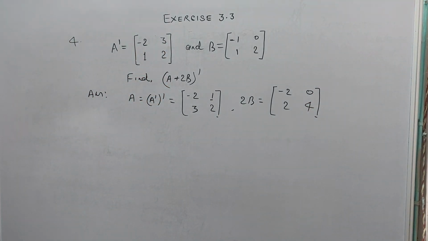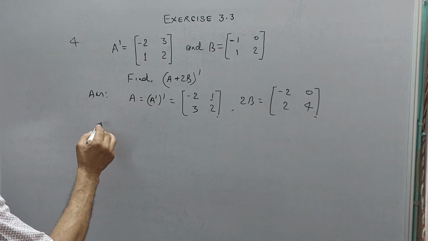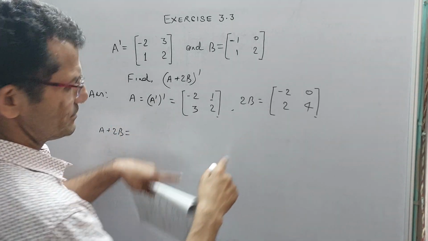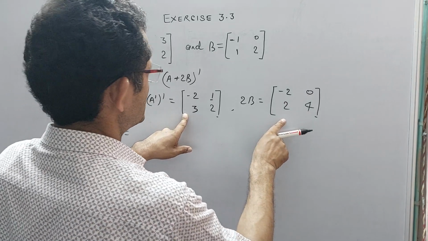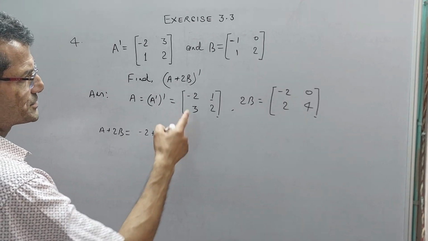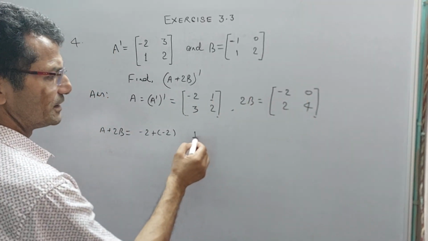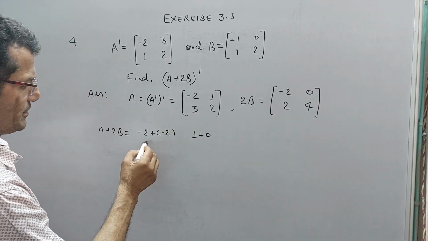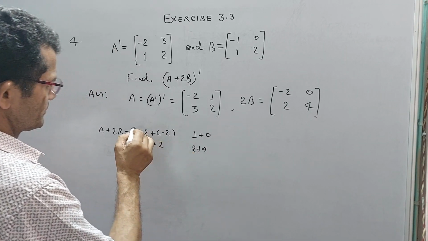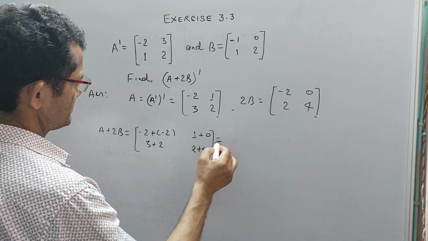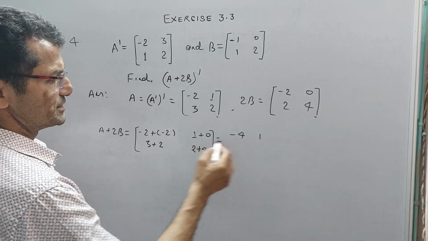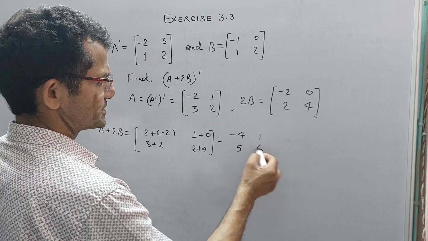Now this is twice B. Now we calculate A plus twice B by adding the corresponding entries: minus 2 minus 2 is minus 4, 1 plus 0 is 1, 3 plus 2 is 5, and 2 plus 4 is 6.